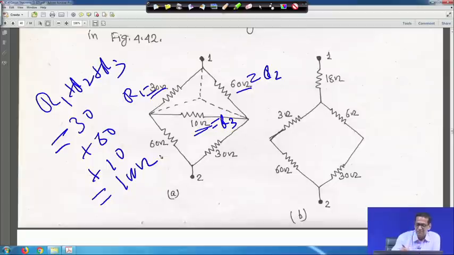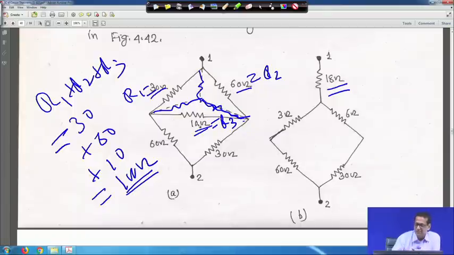And then you can find the value of this branch resistance. So, 30 into 60, 1800, divided by R1 plus R2 plus R3, so it is 18 ohm, right.